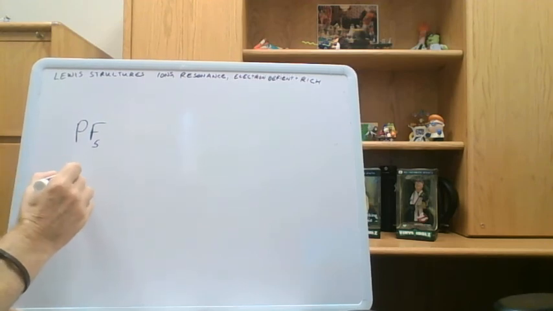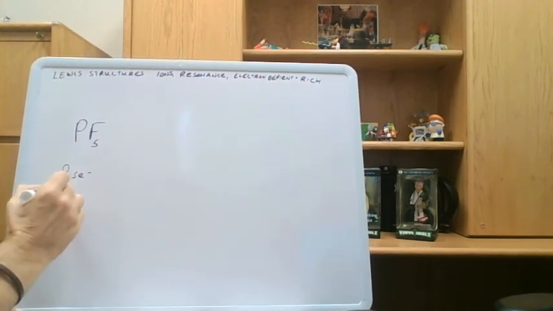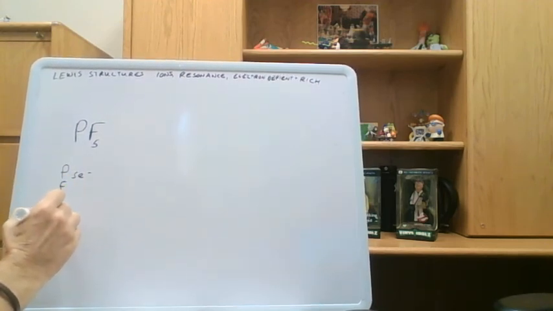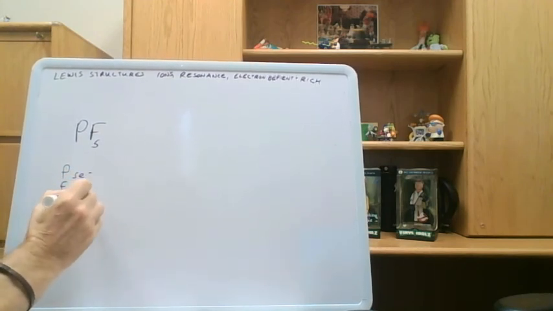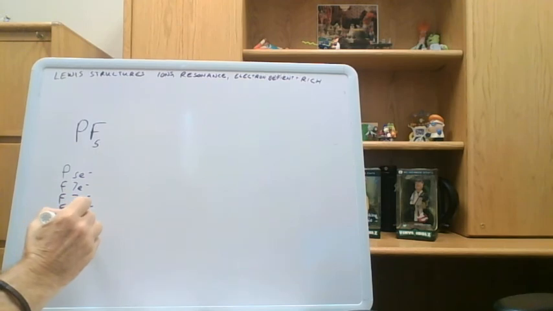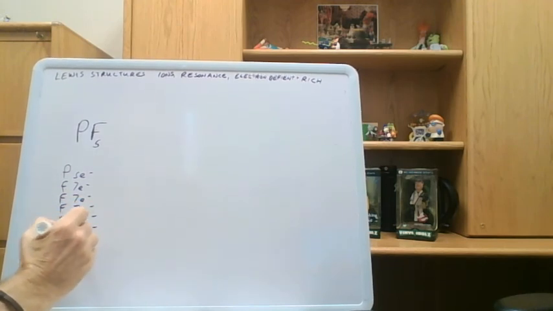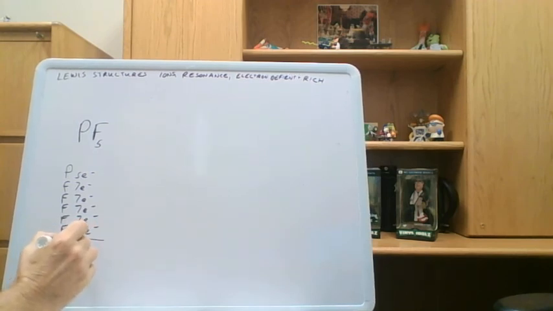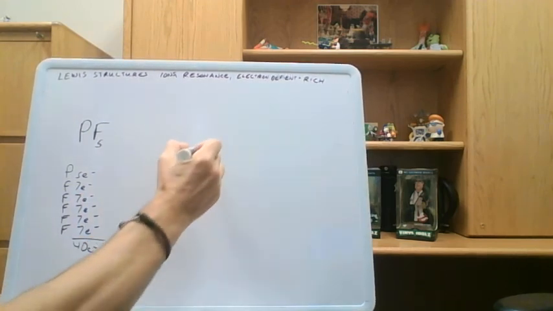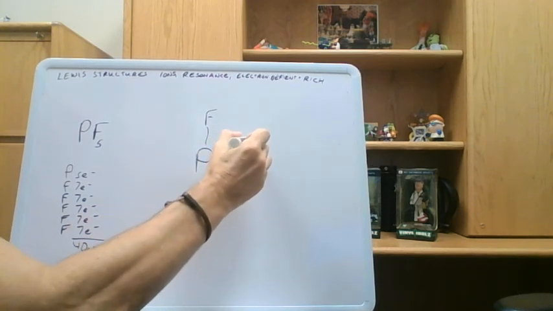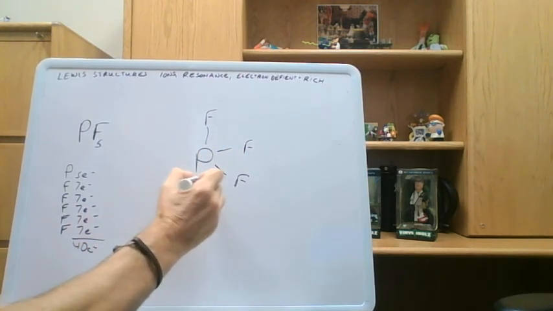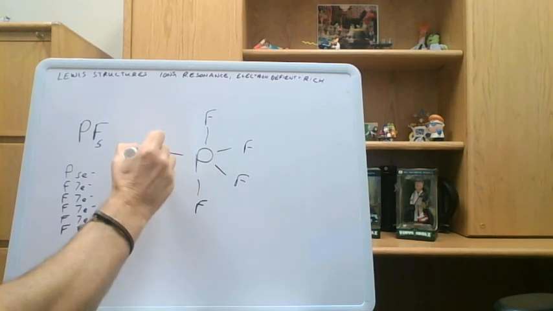So phosphorus is going to bring in 5 electrons. And each of these fluorines is going to bring in 7. Right, so that gives us 35, 40 electrons. And so we're going to put phosphorus in the middle, and we're going to attach these fluorines to it, right?